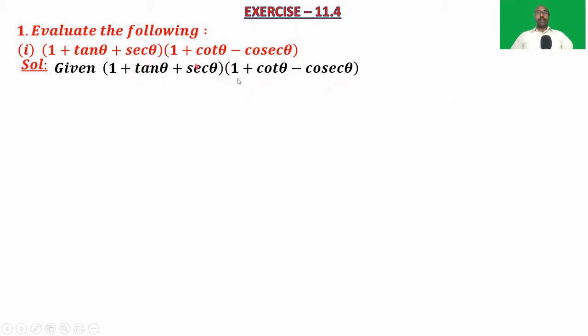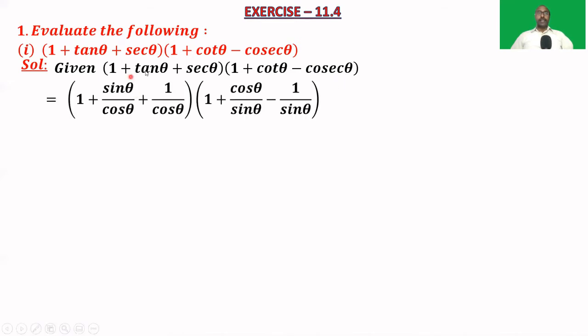So convert all these ratios into sin theta and cos theta terms. Tan theta can be written as sin theta by cos theta. Sec theta can be written as 1 by cos theta. Cot theta can be written as cos theta by sin theta. And cosec theta can be written as 1 by sin theta.